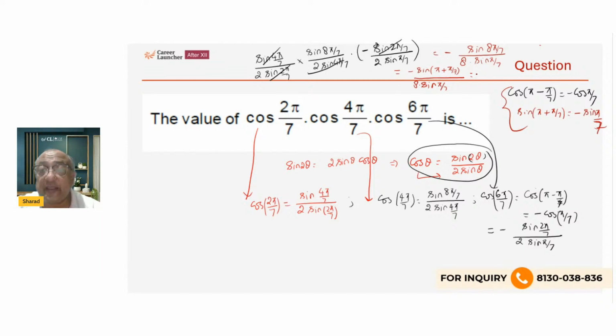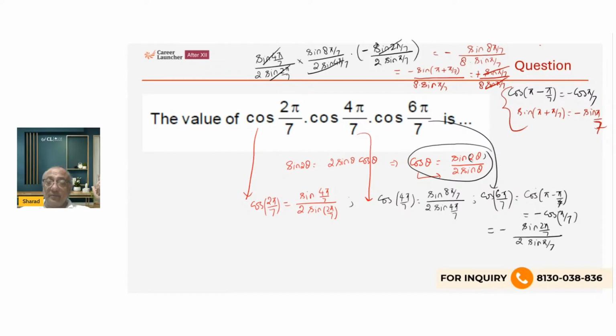Now I'll put this value here. Minus and minus will become plus sine pi by 7 upon 8 sine pi by 7. This sine pi by 7 and this sine pi by 7 will get cancelled. And wow, question solved.